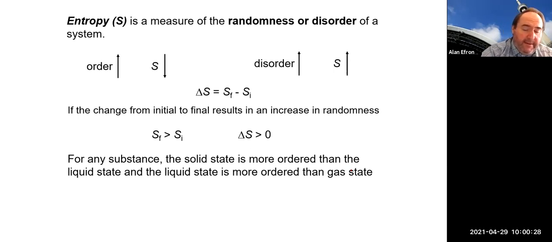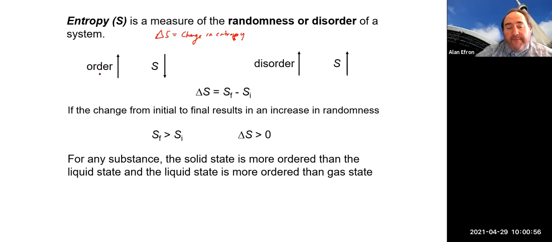So when we talk about entropy, we oftentimes talk about the idea of change in entropy. Entropy is a little different than some things that we normally think about in terms of the sign of the change in entropy, whether it will be a negative value or a positive value.